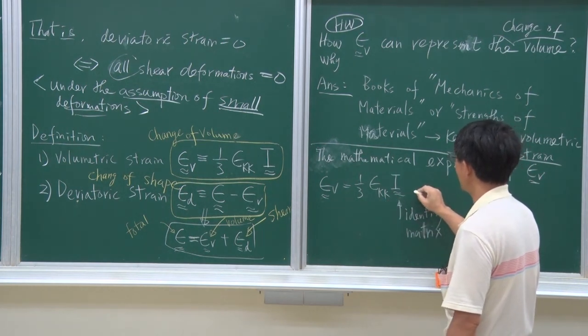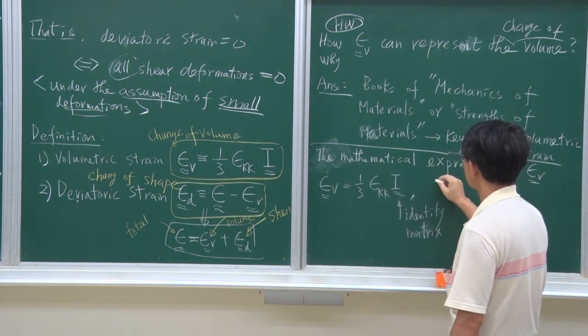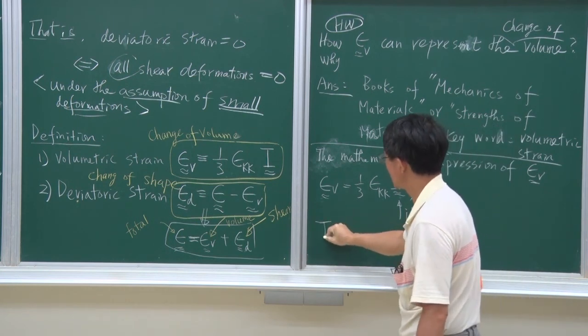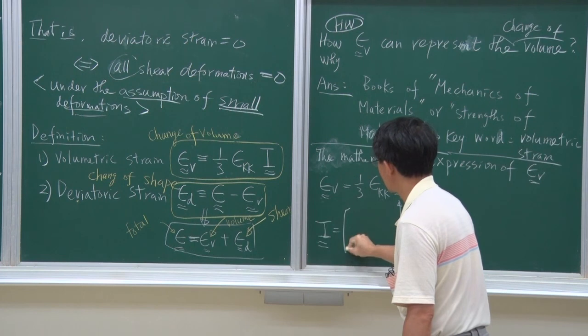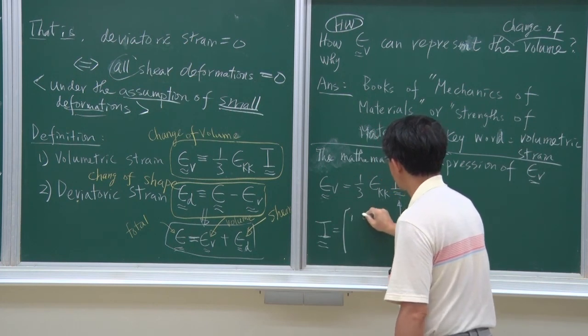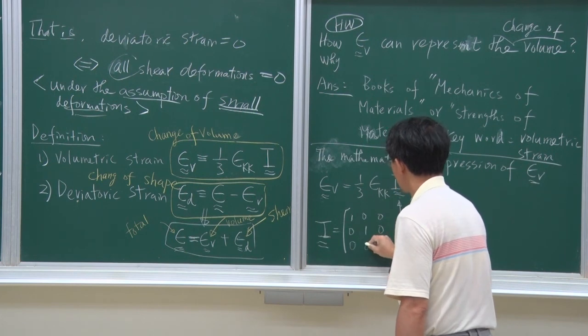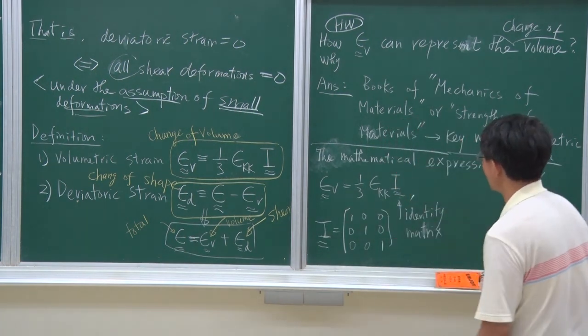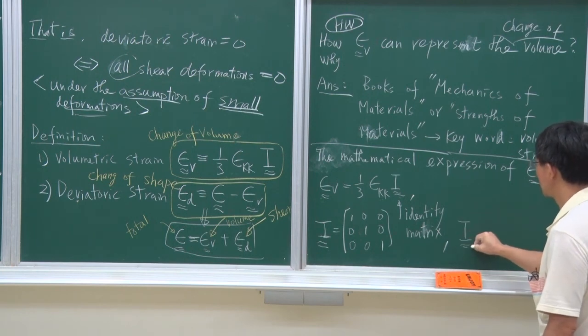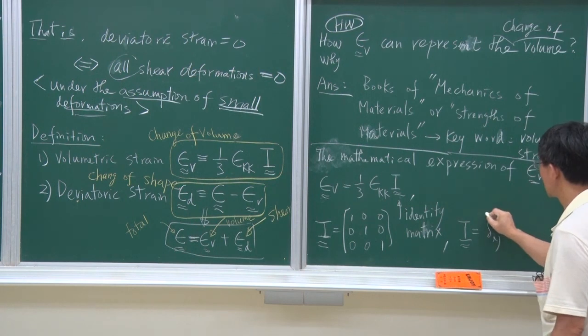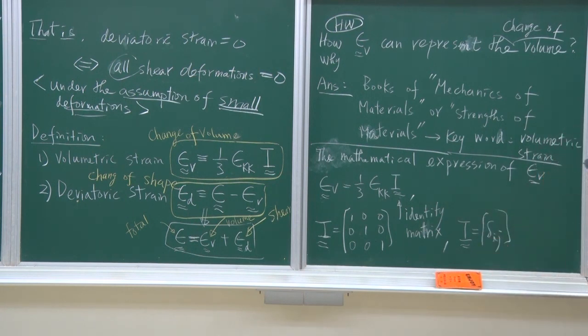Let me tell you. That's it, very easy. And also we can say that I equals delta ij. This is the Kronecker delta.